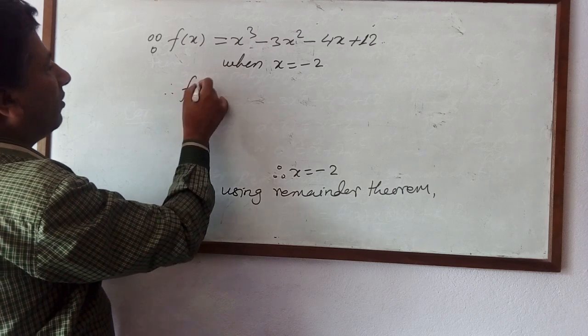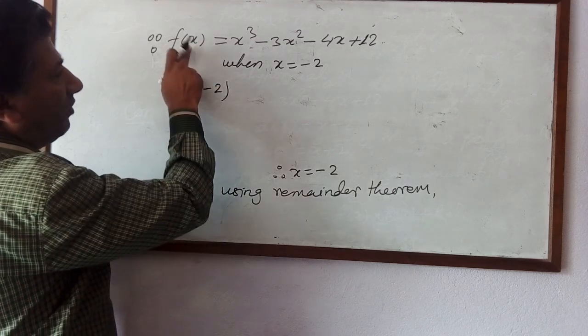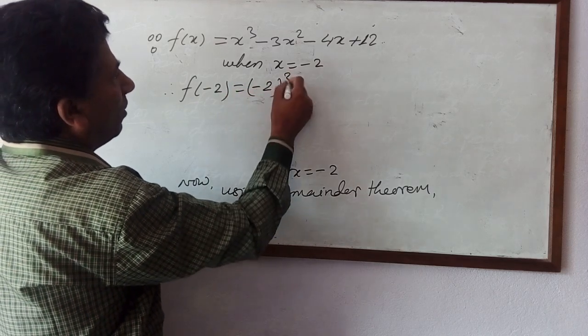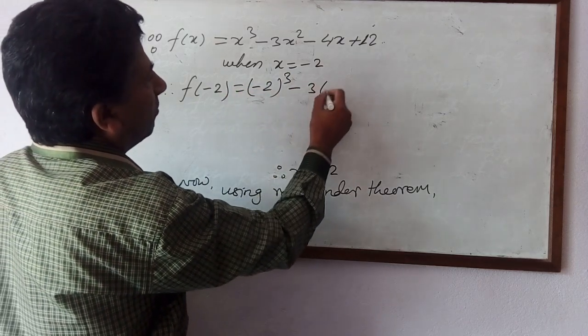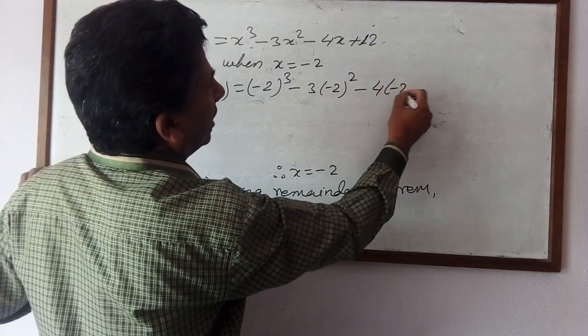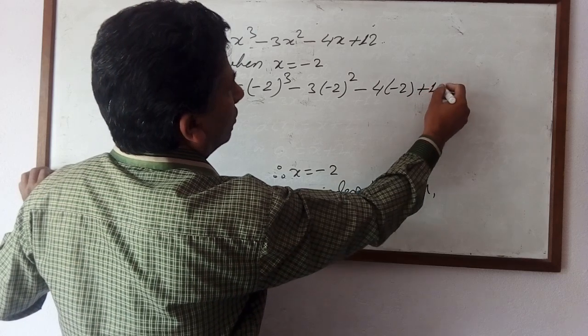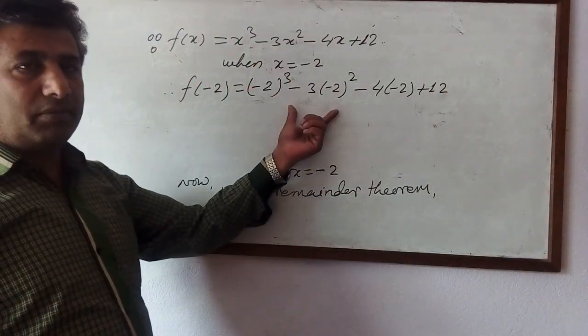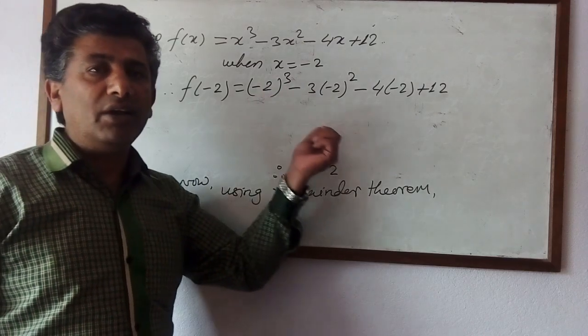Therefore f(minus 2) equals (minus 2) whole cube minus 3 times (minus 2) whole square minus 4 times minus 2 plus 12. Now we wrote the value of x equals minus 2 in the given polynomial.